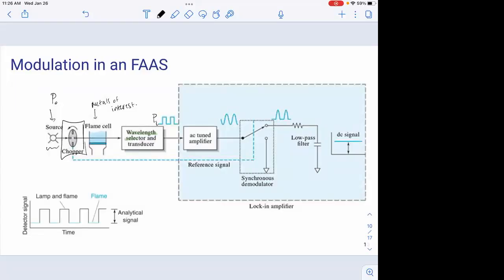So this had some original power, and you're going to measure here an attenuated power. Because you have a chopper, the amplitude of that signal is going to be proportional to this attenuated power of your light source. And the square waveform that you have is going to increase the frequency of your signal so that you can reduce noise. Why? Because you absolutely have to amplify this signal.